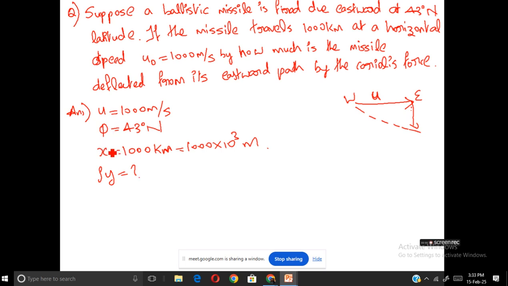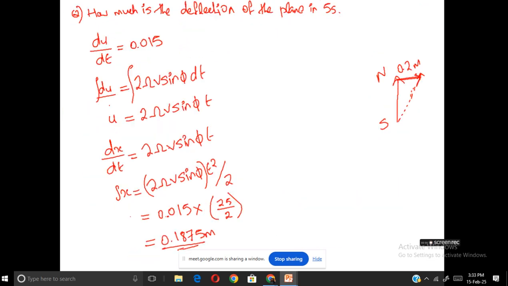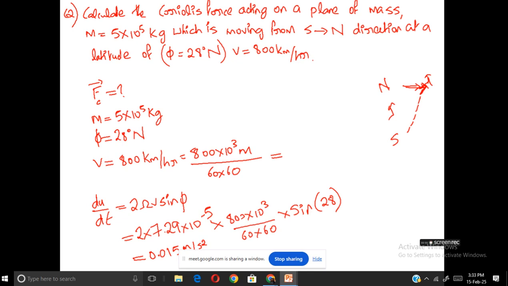The Coriolis force will be acting along the y direction, so we need to take the y component, along the j direction.